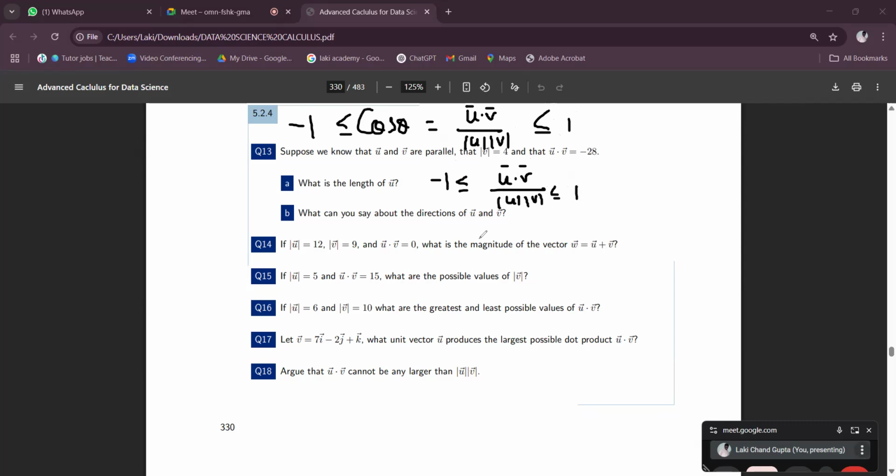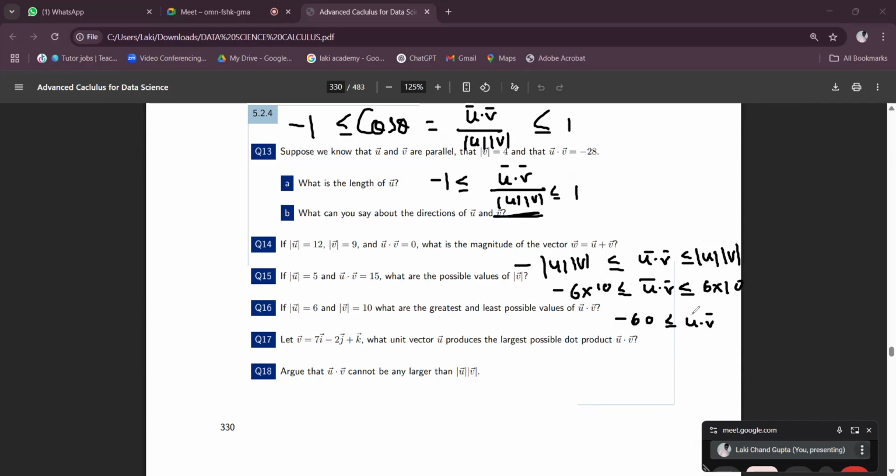Multiply this term on both sides. So the value of u dot v is from -60 to +60, right? That's right. This is the possible value.